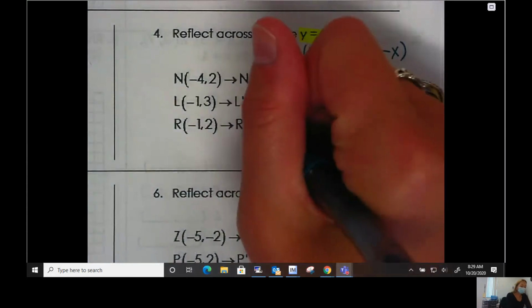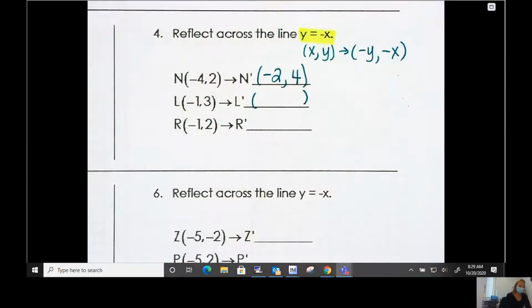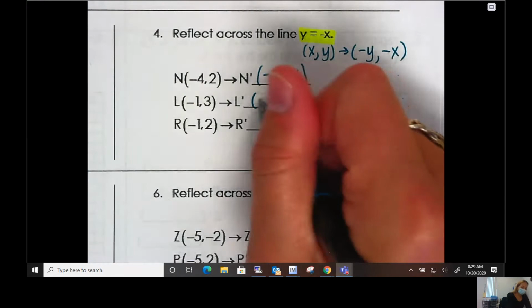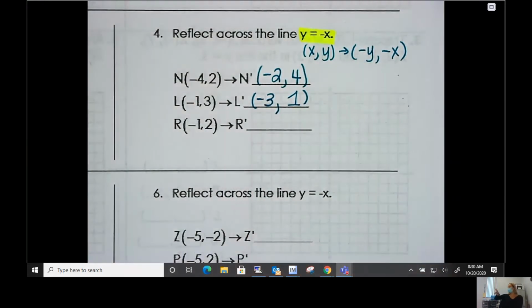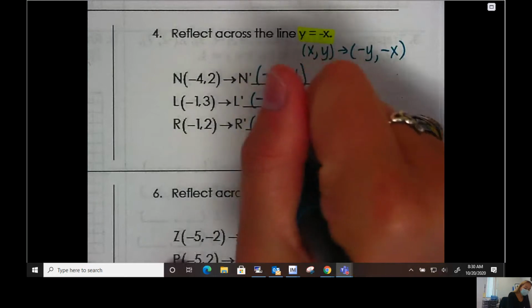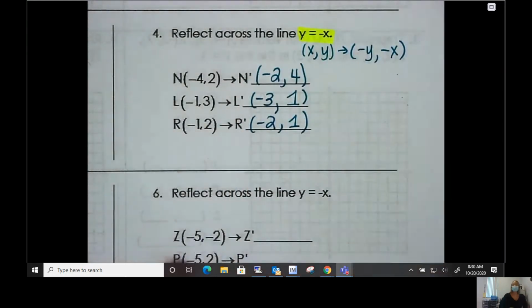L prime, who's got that one? Jaden? -3, +1. Good. They trade places and they trade signs. Last one, R prime. Savelia? -2 and 1. Great. Is this the easiest thing you've ever done or what? Okay. So on the front side, all you're doing is reflections and all you're doing is the coordinates.